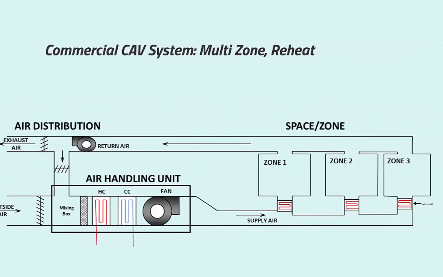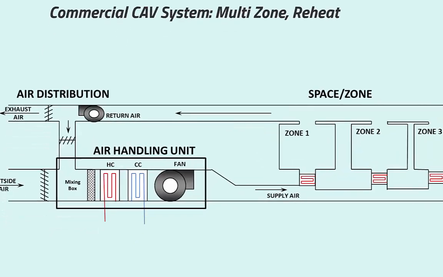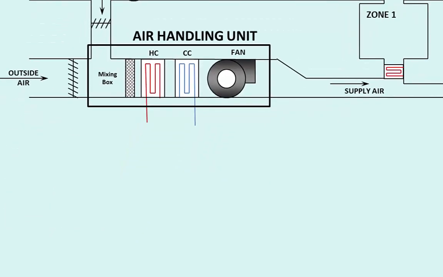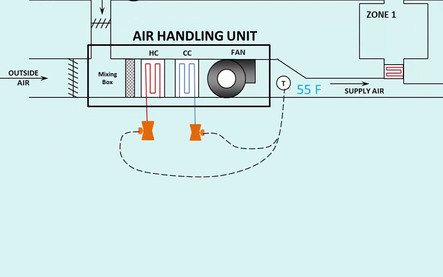A more common configuration of constant air volume systems in a commercial application is one that implements reheat. In this application, we have just one duct path. Back in the air handling unit, there's a cooling coil and a heating coil. The control valves on those coils are controlled to maintain a constant supply temperature leaving the air handling unit at some set point.